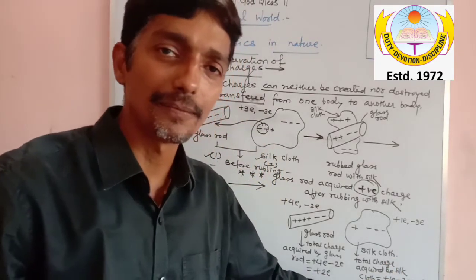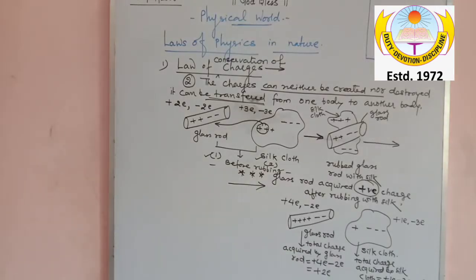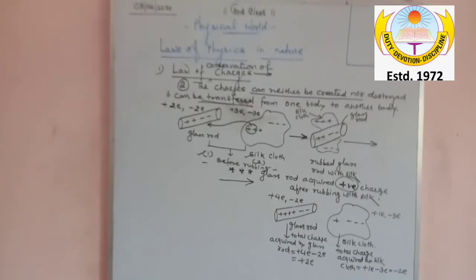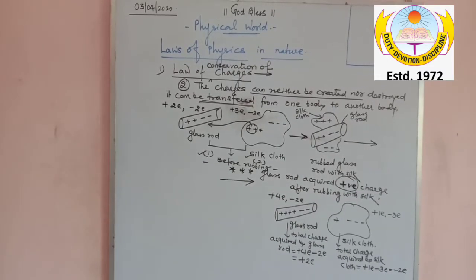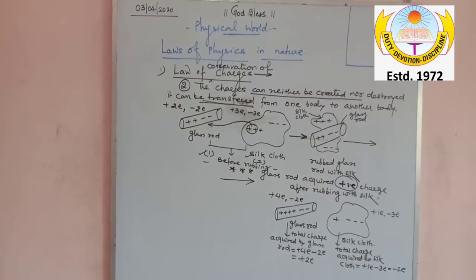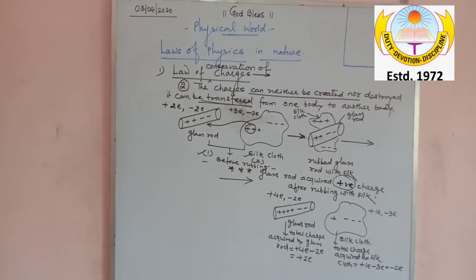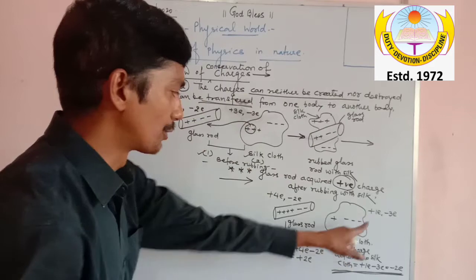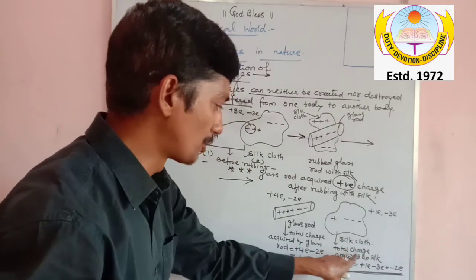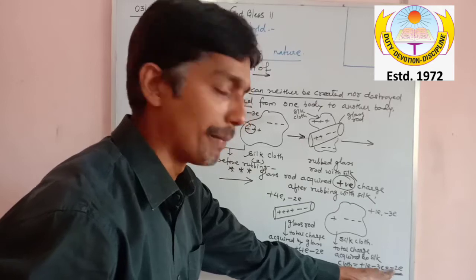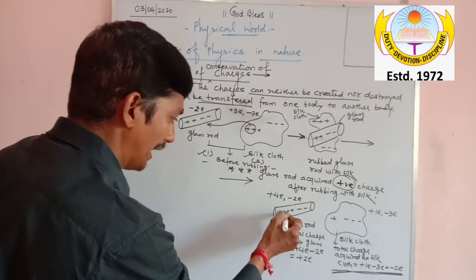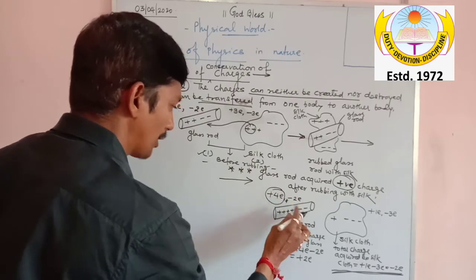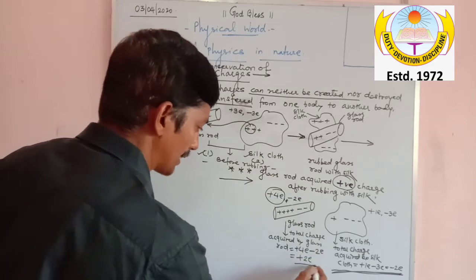You can see the answer is minus 2E. That is 1E minus 3E. So the total charge will be 1E minus 3E. The answer will be minus 2E. And here plus 4E, 1, 2, 3, 4. And this is minus 2E because minus 2 charges. So the total will be plus 2E.